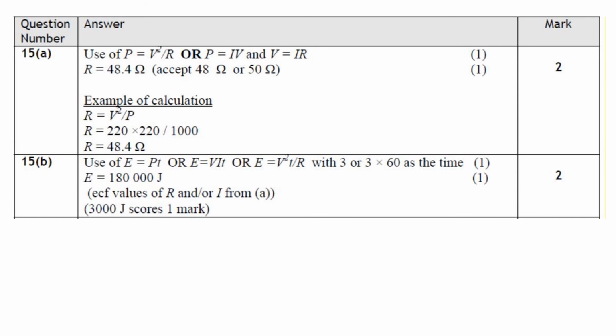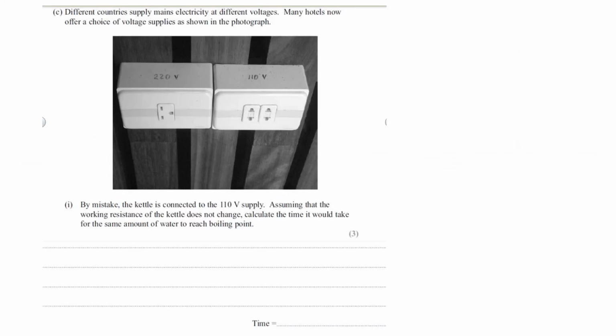If you have 3,000 joules, then that scores just 1 mark for this section. You can carry forward values of R and or I from part A. This is a continuation of the question. C part 1. Pause the video and have a go at this.